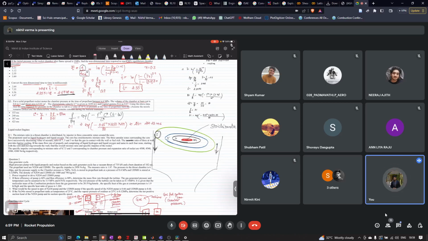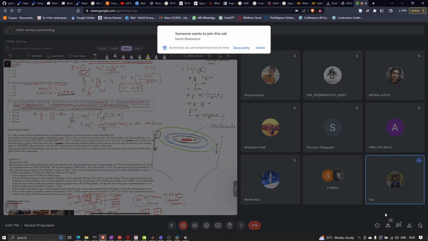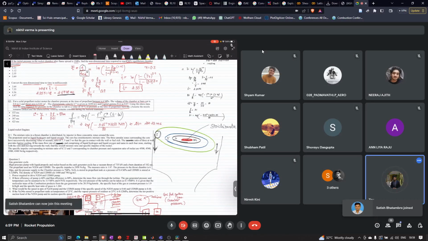Now it is given that the mass flow rate of propellant, comprising liquid hydrogen and liquid oxygen, is the same in the four zones. Starting with the core and moving toward the outer wall, find the overall mixture ratio and specific impulse for the rocket.